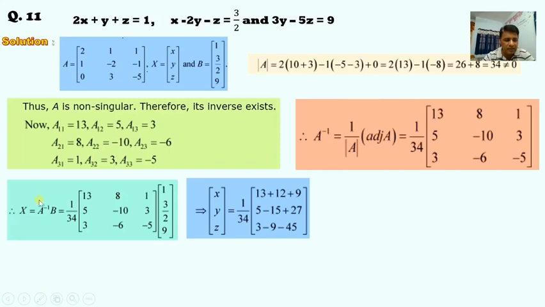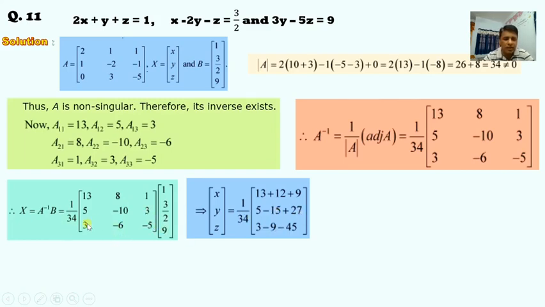So this capital X, we have written X, Y, Z, is equal to 1 by 34 as it is. 13 into 1, this one. 8 into 3 by 2, so 2 into cancel, 4, 4 3s are 12, and then 1 into 9, here we have 9. Next row, this 5 into 1, 5, and then minus 10 into 3 by 2, minus 5 into 3, minus 15, and then 3 nines are 27.